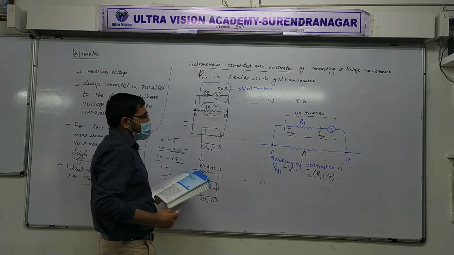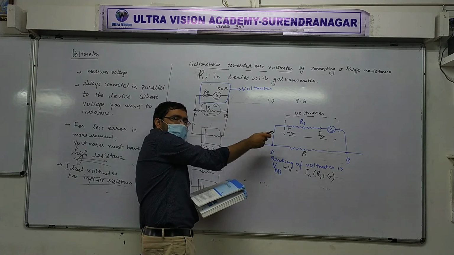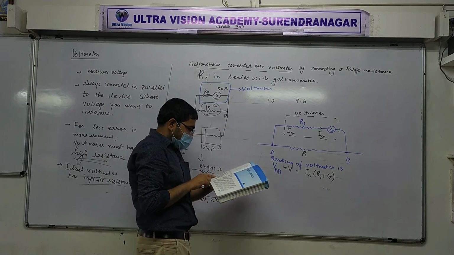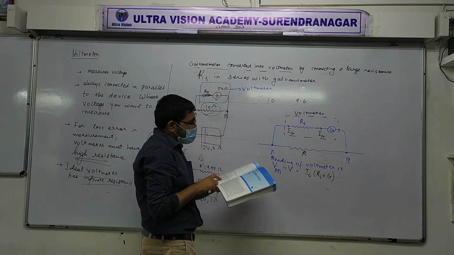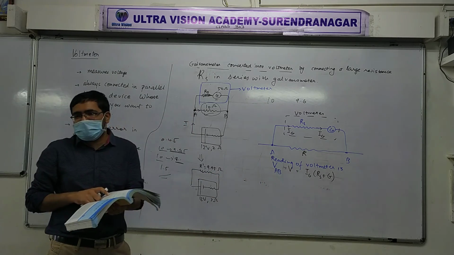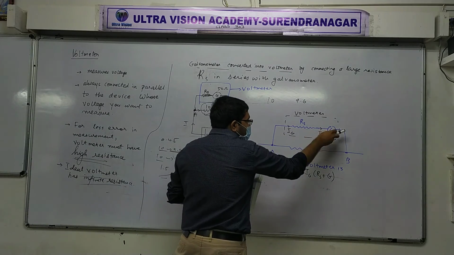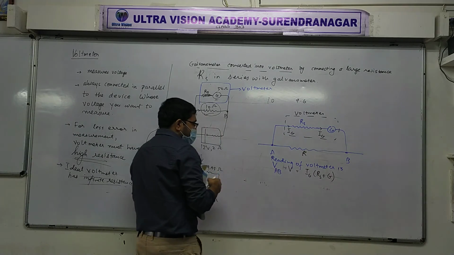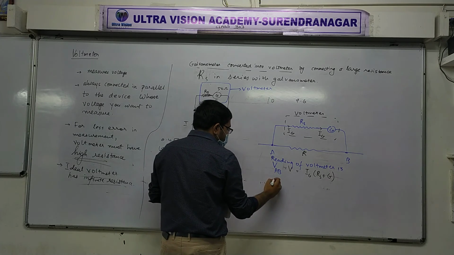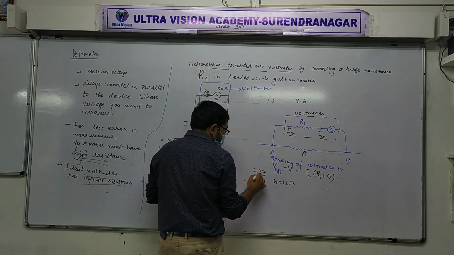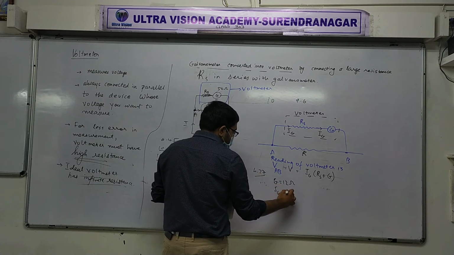Full scale deflection means the needle turns all the way, no need to go further. Maximum current. So the maximum current through the galvanometer is 3 milliamp. Did you understand? The maximum current that can flow here is 3 milliamp. So which value is given? Ig. So G is given as 12 ohm and Ig is given as 3 milliamp.